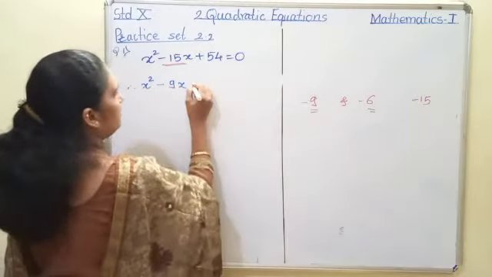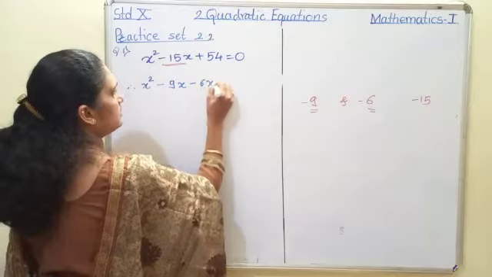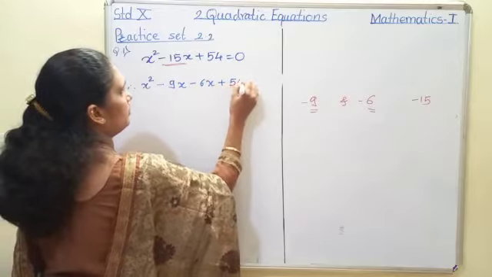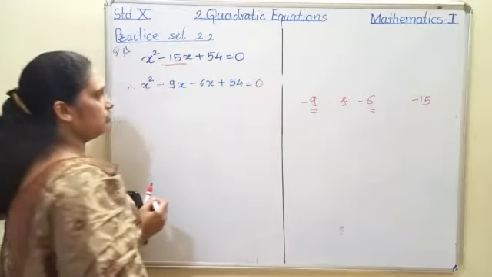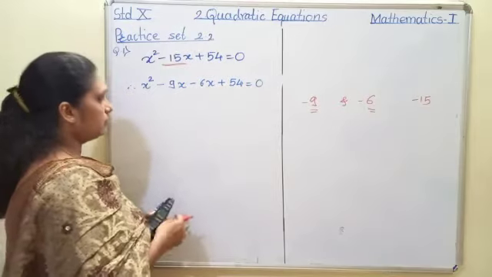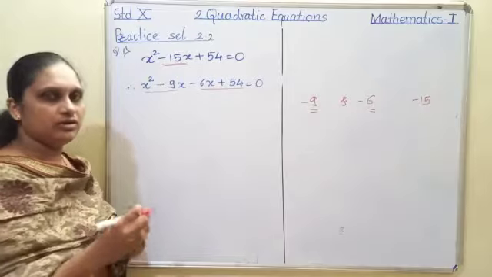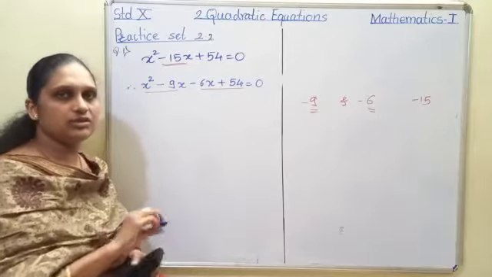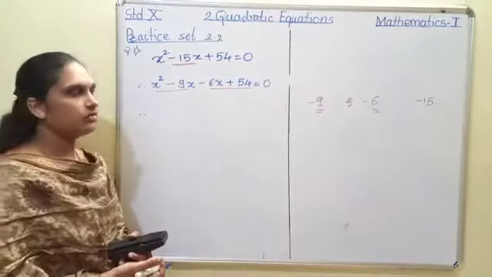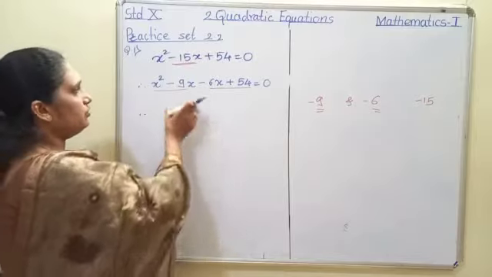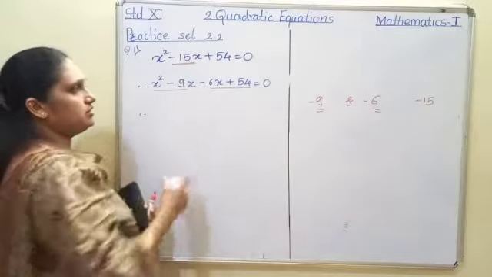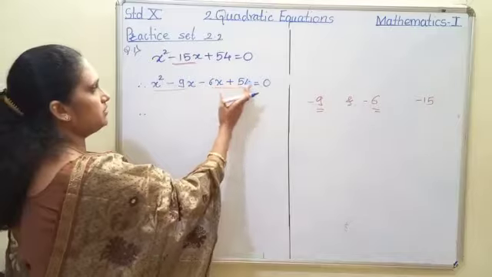Then the second factor, minus 6x plus 54 equal to 0. Now I'll do the pairing so that we'll find it easy to take the common numbers: x square minus 9x, minus 6x plus 54.